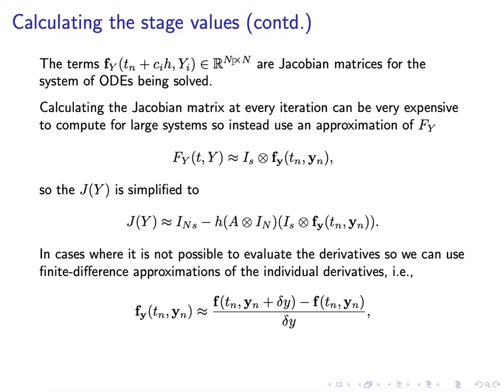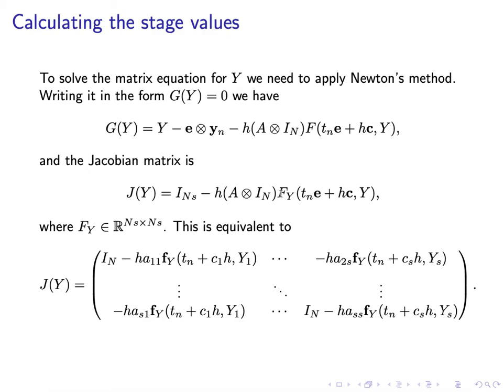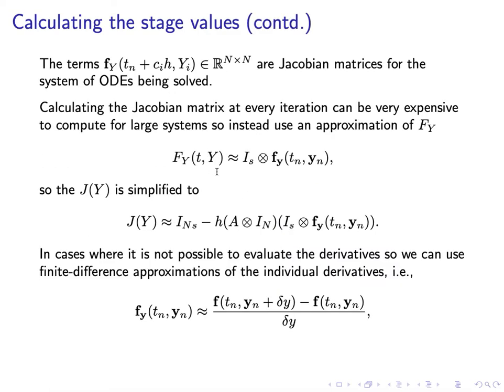So we tend to use a bit of a fudge, a simplification, and we're simplifying our big F differentiated with respect to big Y, so that's this term here. We're simplifying that to use the S by S identity matrix tensor product with our original ODE system differentiated with respect to the variable y.